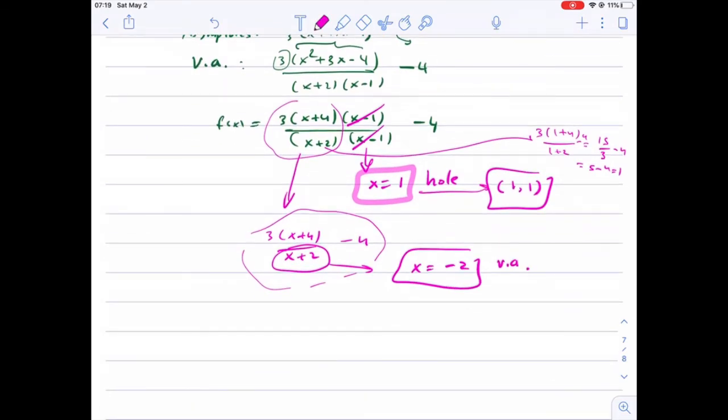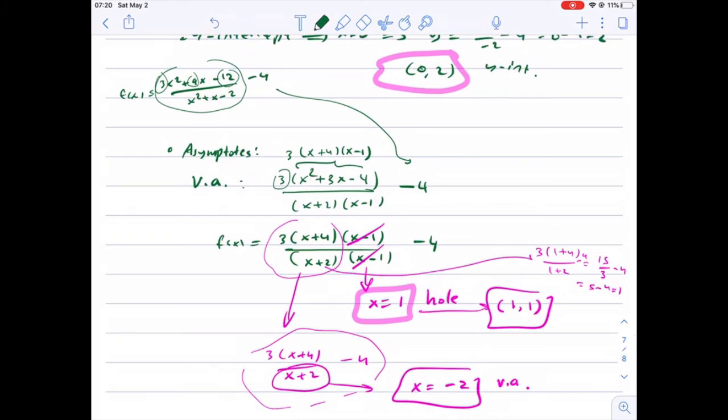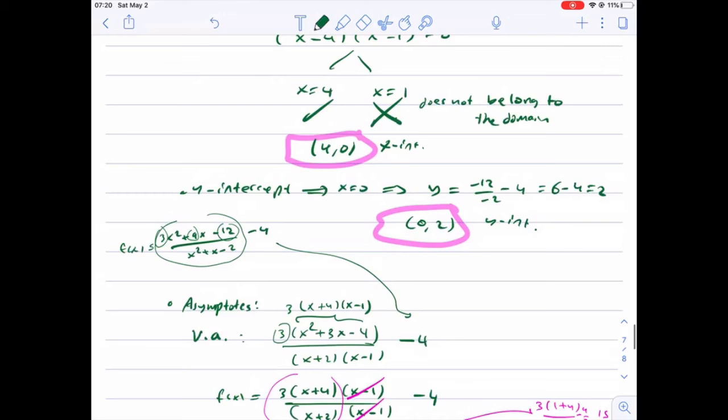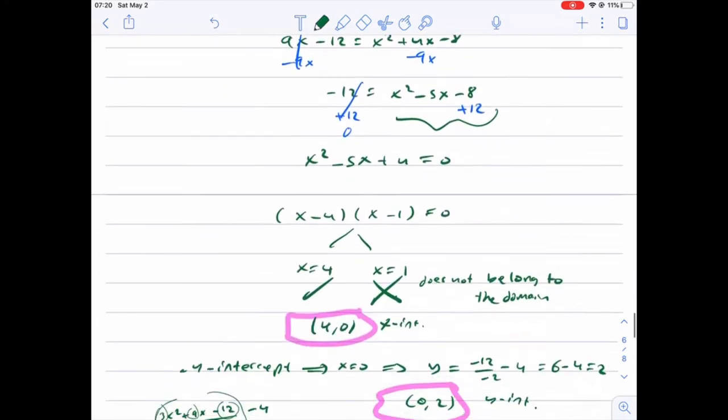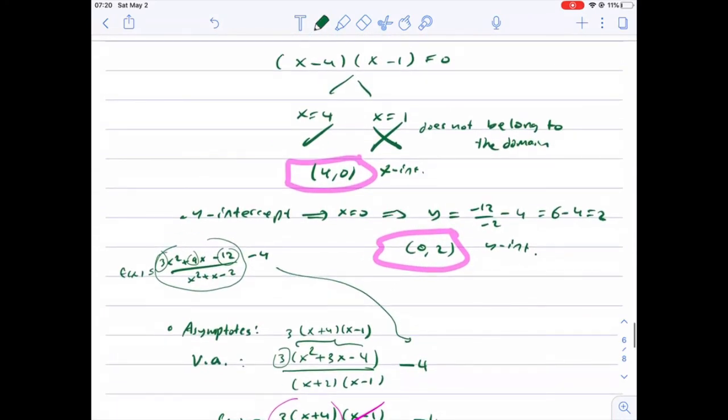Now what is the horizontal asymptote? This is very easy. We just look at the degree of the numerator and the degree of the denominator to determine this. So the function is 3x squared plus 9x minus 12 over x squared plus x minus 2 all minus 4.